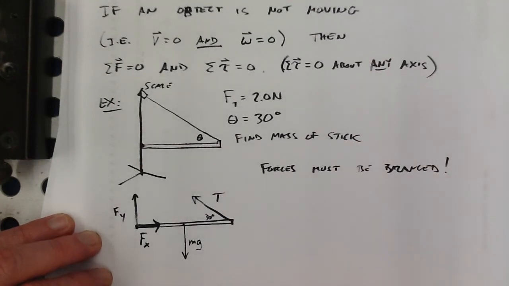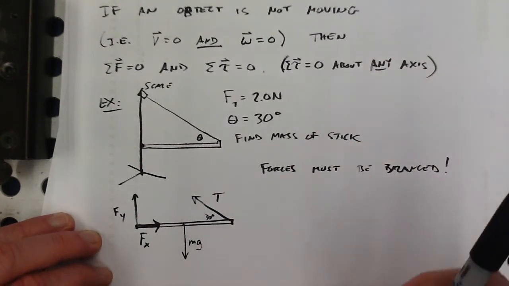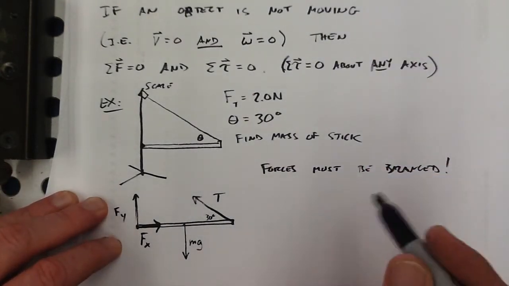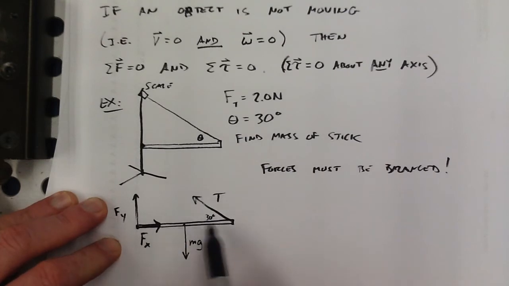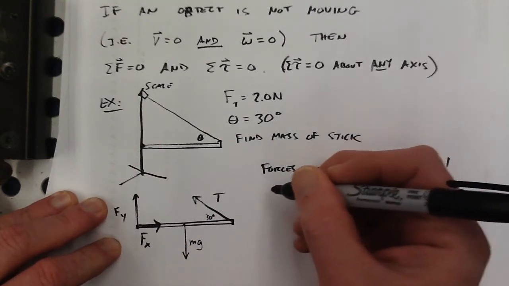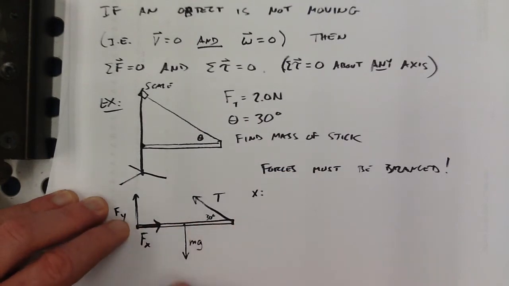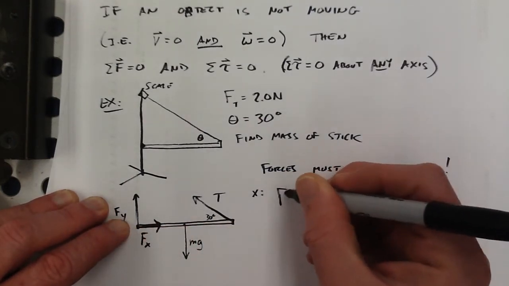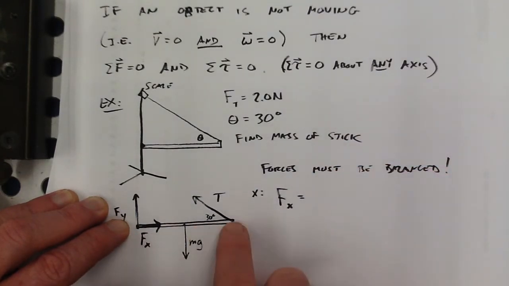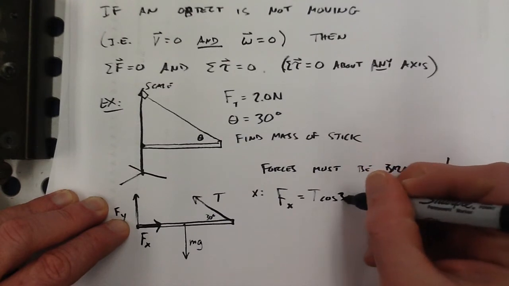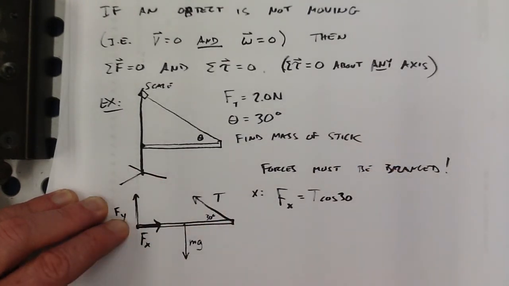Great. So we'll hand this off to our Chapter 5 physics student and see what they can do. In the left-right direction, in the x direction, we have this component, Fx, which would have to be equal to the cosine component of T, right?